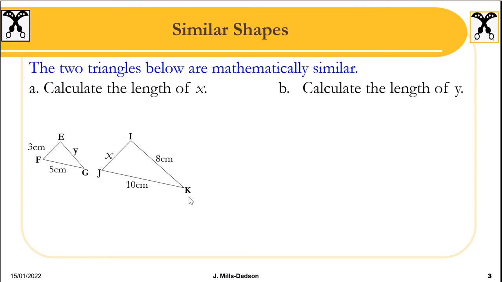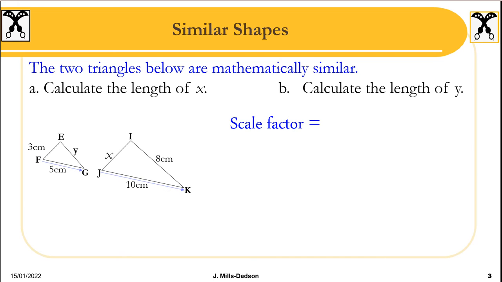First, try to understand corresponding sides. If you look, 3 corresponds to X, 8 corresponds to Y, and 5 corresponds to 10. So first is to work out your K, that is the scale factor. You can only work out the scale factor by using the 2 known corresponding sides, which is 10 and 5.